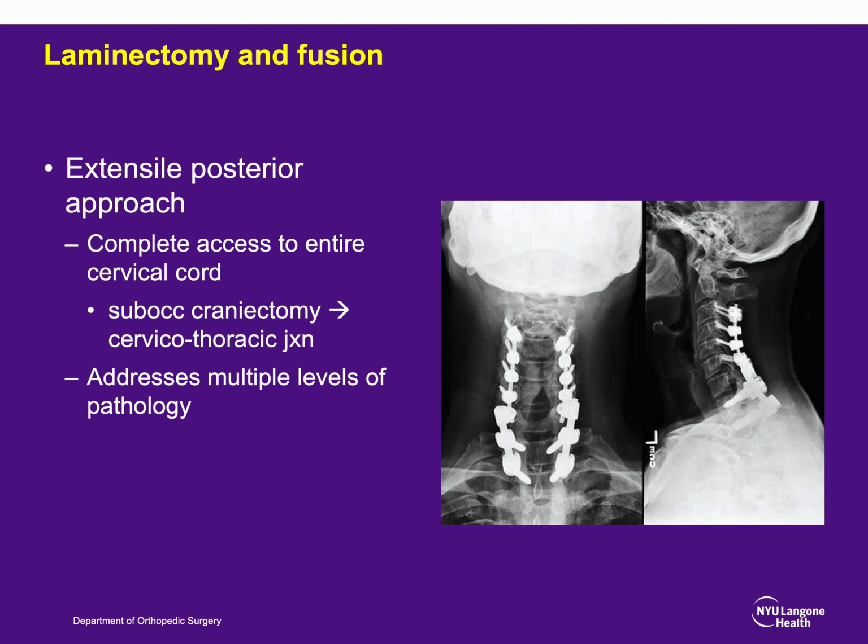The advantage of laminectomy and fusion is that it is extensile. You could unzip someone from the head all the way down to the buttock with one incision, right? So the laminectomy and fusion is indicated when there's significant diffuse levels of compression, as it provides for complete access to the entire cervical spine.